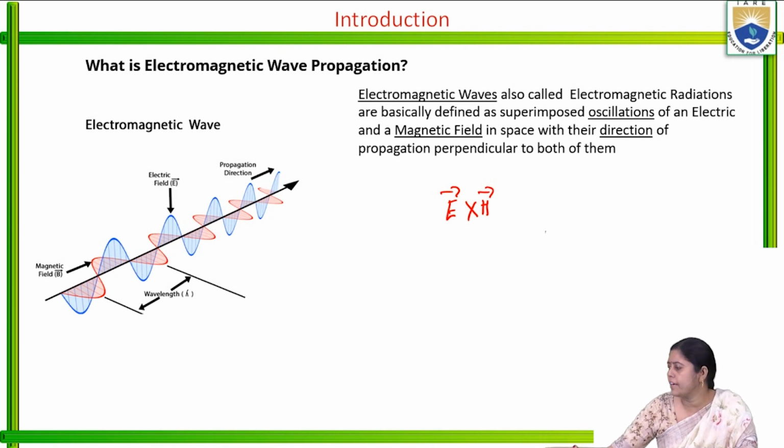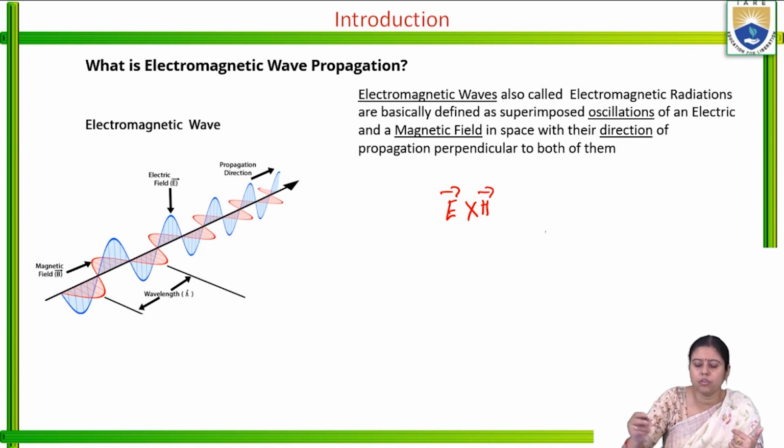So the electromagnetic wave is a cross of two vectors. One is the electric field intensity, one is the magnetic field intensity, and the direction of the electromagnetic wave is perpendicular to both of them. And you can see this is the wavelength, which we are writing by nu.